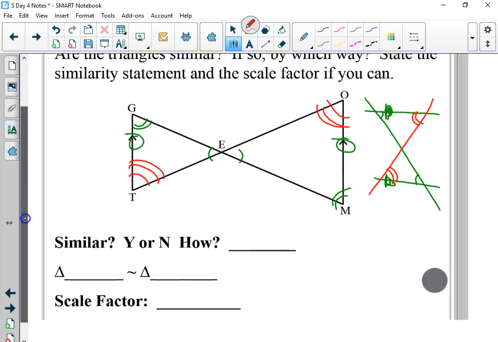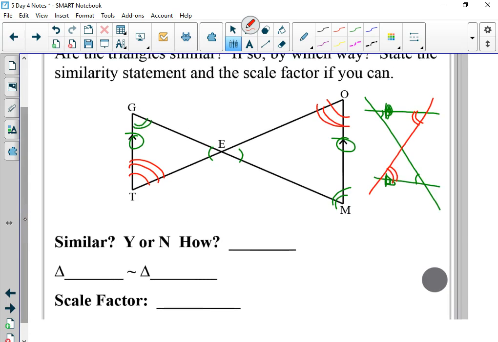So we actually have more than we need. We only need 2 angles, but we have 3. So we can say yes by angle similarity postulate. And then just pick where you want to go. I'm going to start E on both of them.